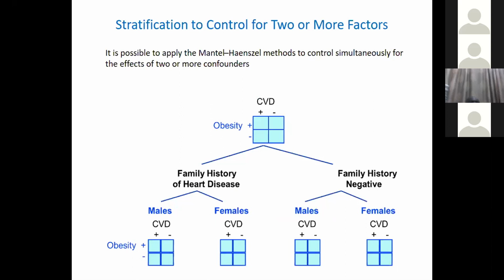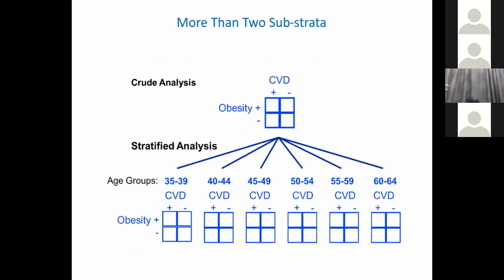If family history has 2 possible outcomes, positive and negative, and sex is male and female, it will give you 4 strata. And with age, you can divide them into 5 strata.